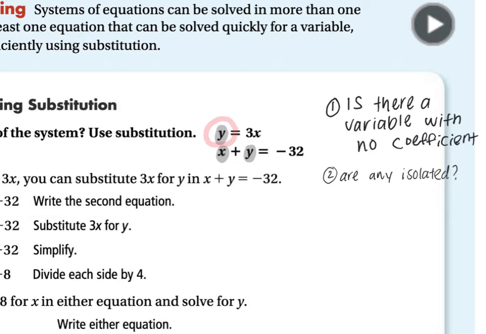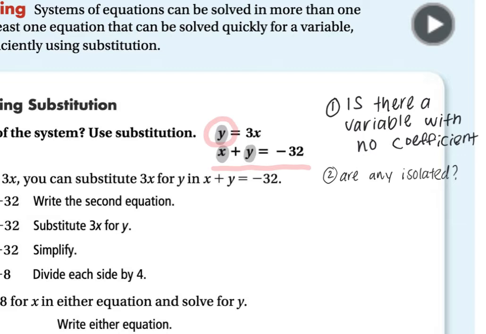So the one variable that's by itself with no coefficient, it's got no help, that's the one that we're going to sub, okay? So you're going to use y equals 3x as our sub. We're going to take y equals 3x and plug it in wherever we see y in the second equation. So where we see x plus y equals negative 32, wherever we see y, we're going to plug in 3x because y equals 3x.